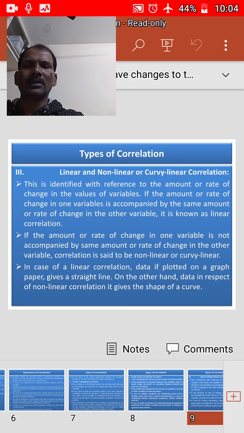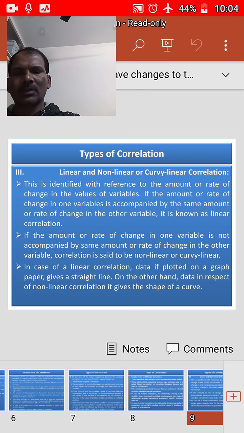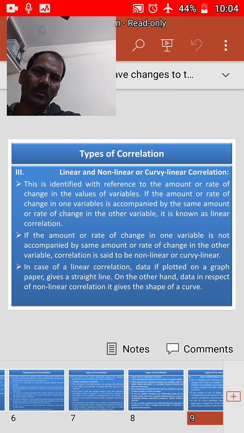On the other hand, if the amount or rate of change in one variable is not accompanied by the same amount or rate of change in the other variable, both are not moving at the same rate, then the correlation is said to be non-linear. Non-linear means it may be in a curvy form. We'll consider one example.